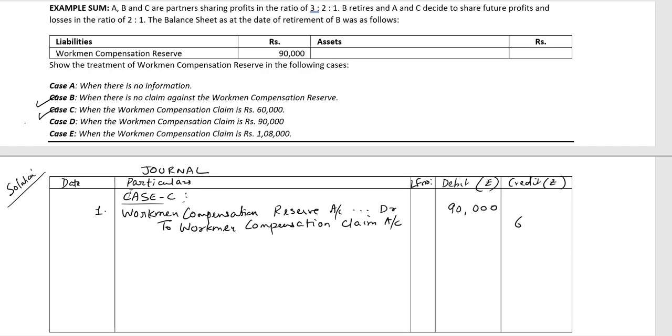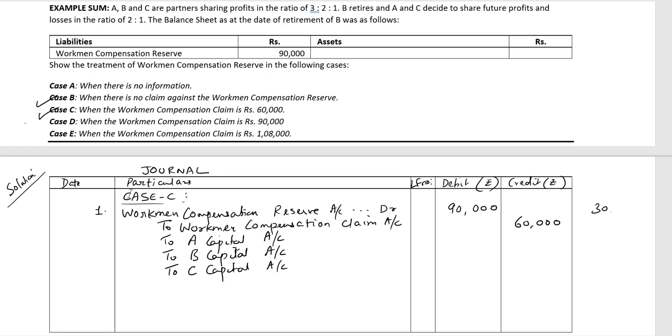To the extent of 60,000, we'll take claim, to A capital account, to B capital account, to C capital account.